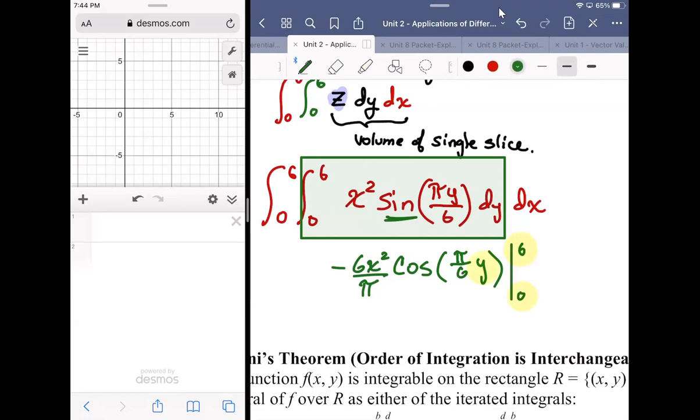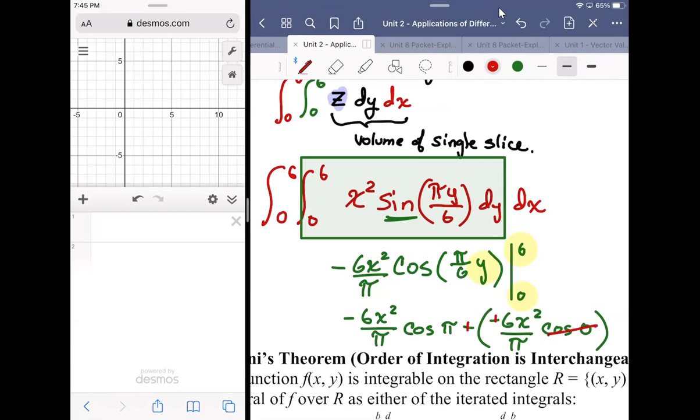All right, so negative 6 x squared over pi cosine. If I plug in a 6 for y, I get a pi, minus negative 6x squared over pi cosine. Plug in a 0, I get a 0. Negatives cancel.